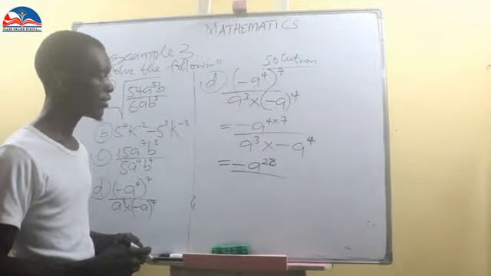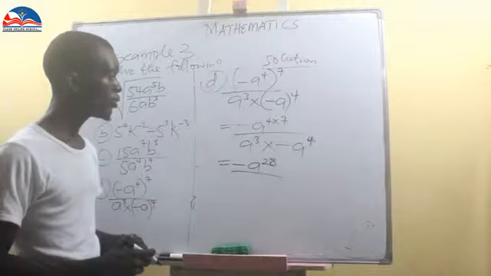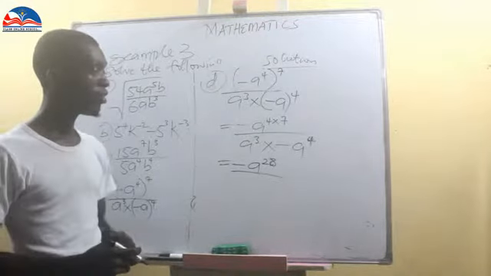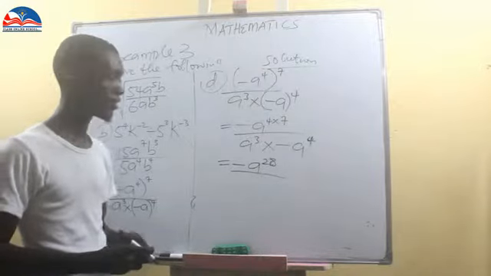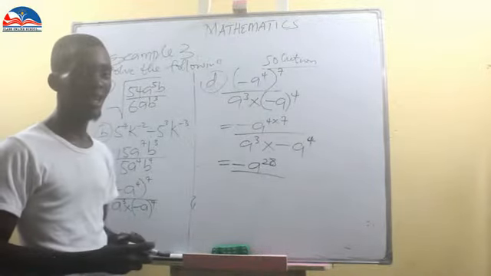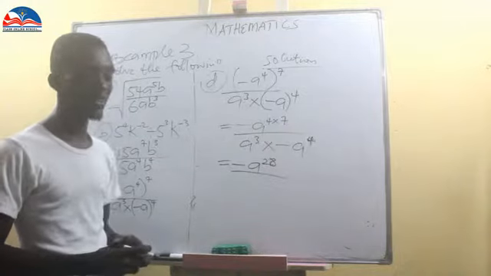the multiplication law says that if two equal or same multiplying bases are indexed, take one of the base and add the indices.